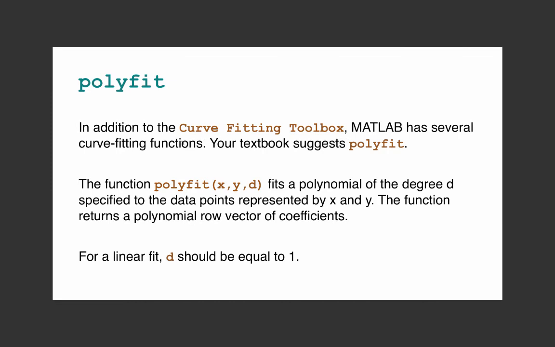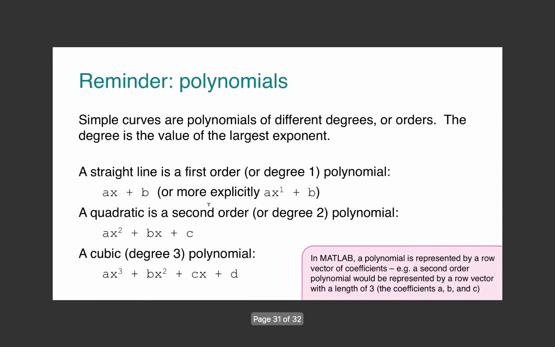MATLAB has several curve fitting functions. Your textbook suggests using polyfit. The function polyfit fits a polynomial of degree d to specified data points represented by x and y. So d equals 1 would be a linear fit. The function returns a row vector of the polynomial coefficients. For a linear fit, d should be equal to 1.